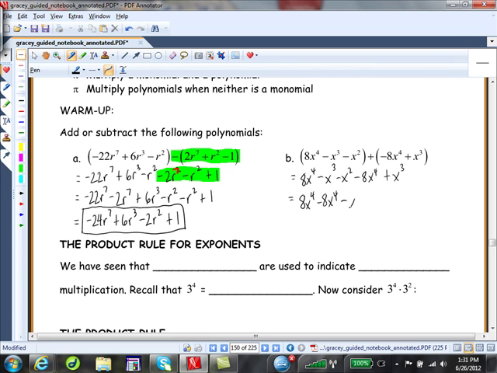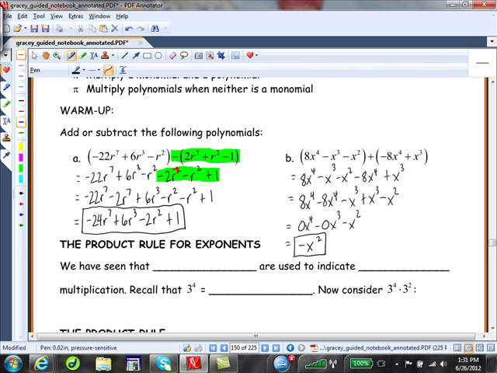We'll have minus x cubed plus x cubed, and then we will have a minus x squared. This gives us 0x to the fourth minus 0x cubed minus x squared, which is just going to be 0 minus x squared, which gives us a negative x squared, and we're all done.